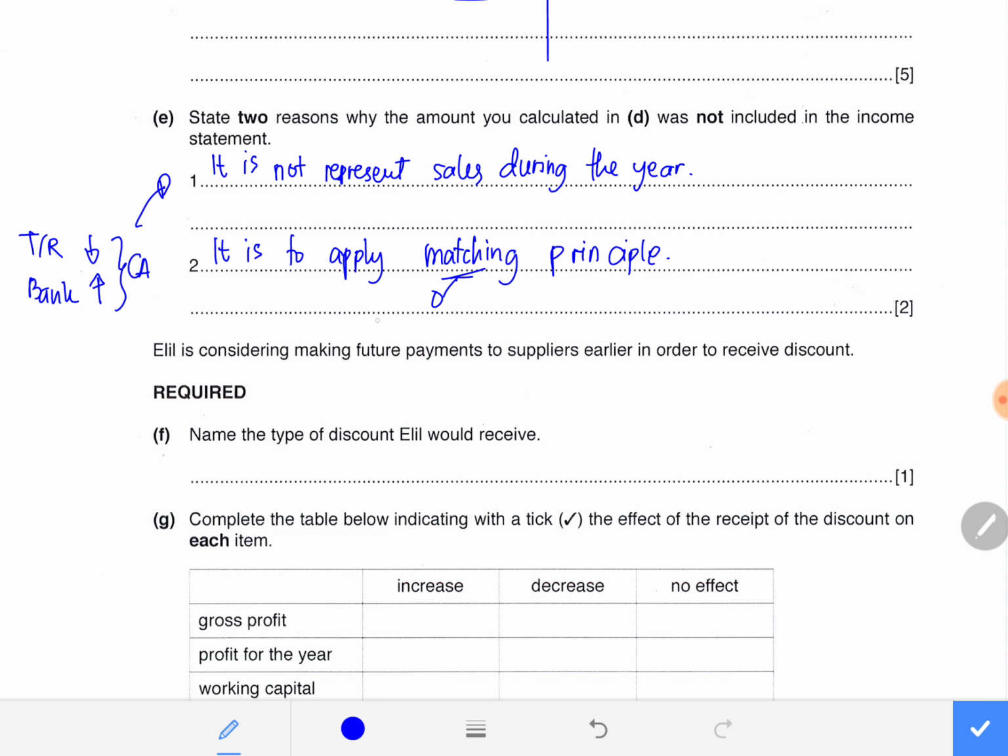And why do you have to match cost with income? Because both of them must be in the same period.